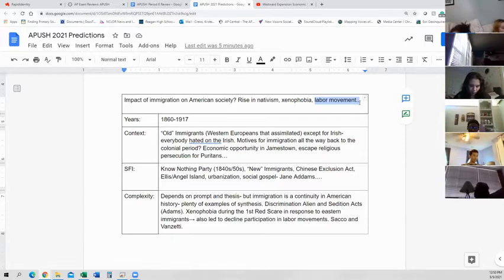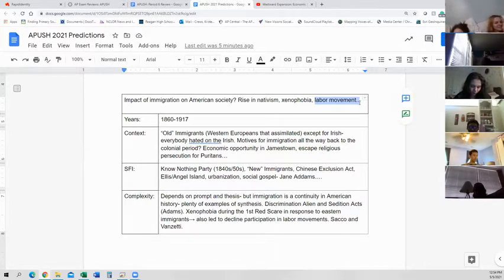They're more different than the old immigrants, and they're coming in by the millions, and they're not spreading out into the frontier and assimilating. They are clustering in industrial cities, forming neighborhoods that add to the discrimination because they're isolating themselves. And that's going to be one of the effects, that there's a ton of xenophobia.